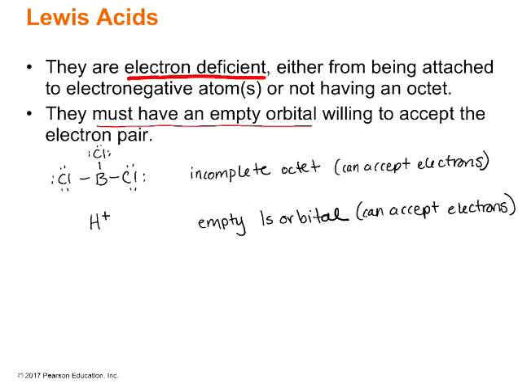And then I mentioned that aluminum 3+ can also act as an acid. It's small and highly charged, so it can also accept electrons.